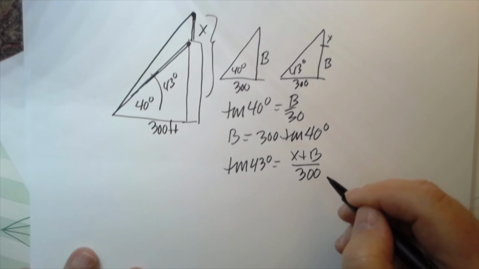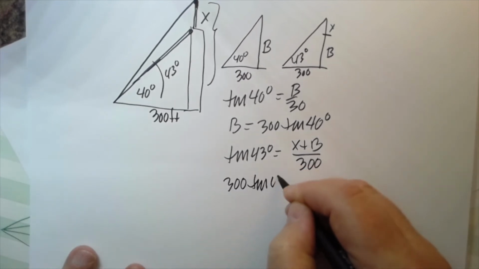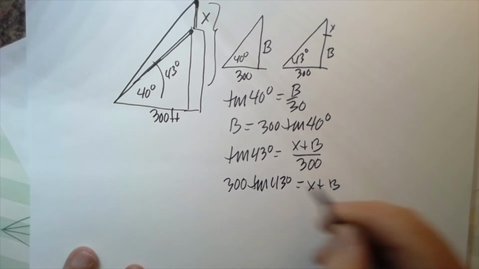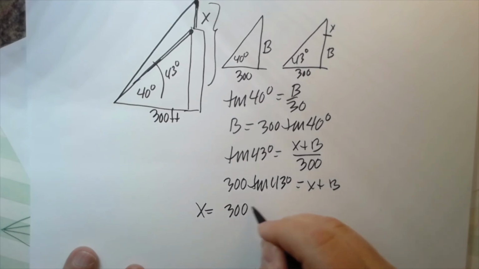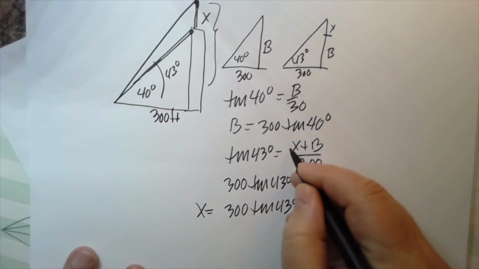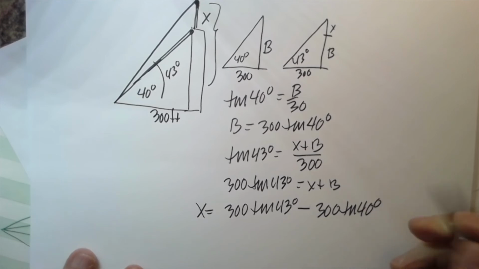Multiplying by 300, 300 tangent of 43 degrees is x plus B. Subtracting B over, the height of the antenna is 300 tangent of 43 degrees minus B, which is the thing we calculated up here, 300 tangent of 40 degrees.